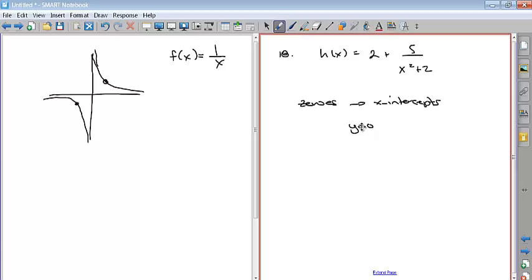There's a couple ways you could do that. If you have a rational function plus something else, the best thing to do in terms of finding the zeros is to combine these two with a common denominator. So I'm not going to set h of x equal to 0 yet. I'm just going to rewrite it.